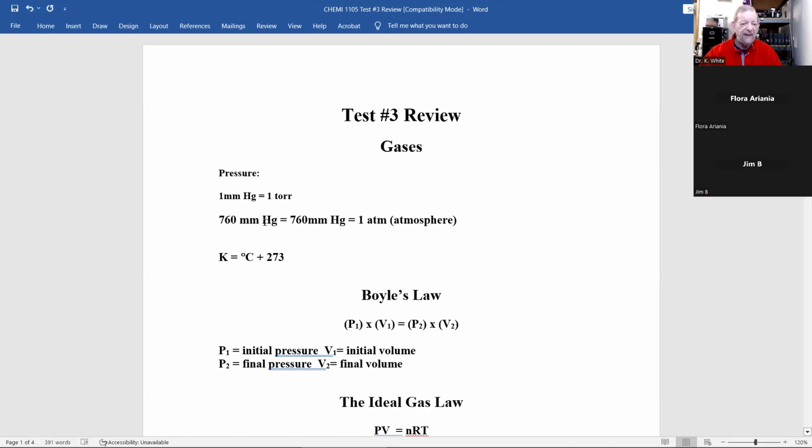Nope, actually, that should be torr. Oops, it's right on the important information. It's wrong here. But anyways, 760 torr equals 760 millimeters of mercury equal 1 atmosphere, ATM. And you should know how to convert from one to the other.